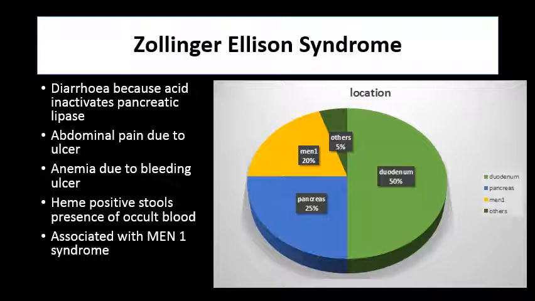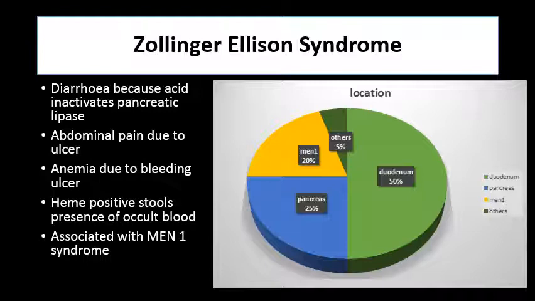Because it has hyperparathyroidism, pancreatic islet cell tumor, most common is gastrinomas, can be insulinomas too, but gastrinomas are more common. And pituitary adenomas. Remember that pheochromocytomas happen in MEN 2 too and not in this condition.